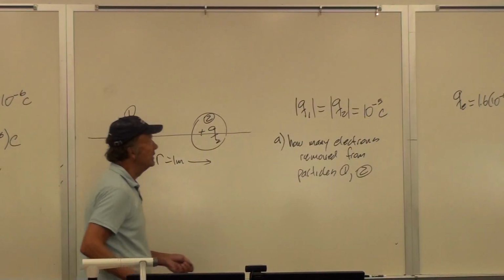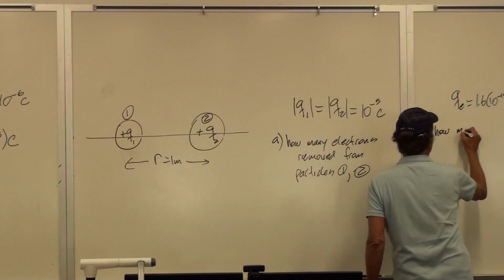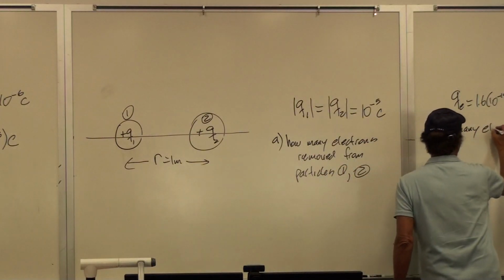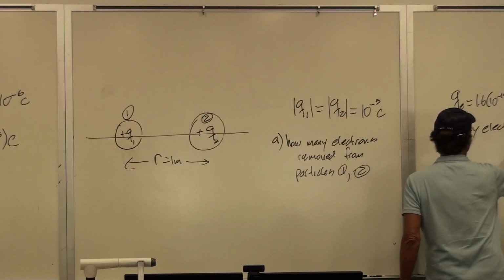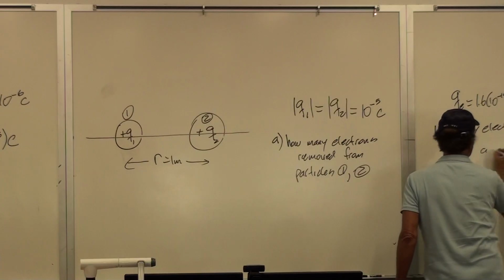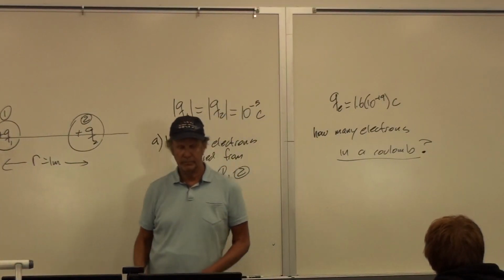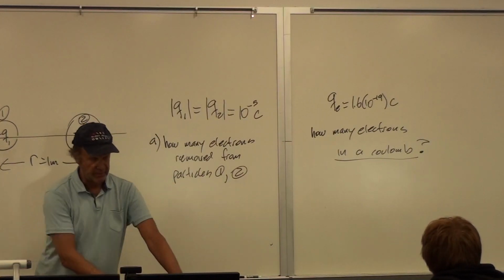Let's do that calculation first. How many electrons in a coulomb? See if you can do that, just real quick, just from what we talked about here.